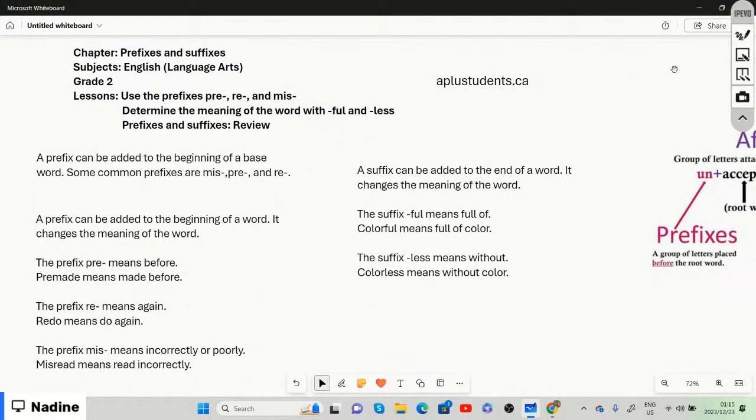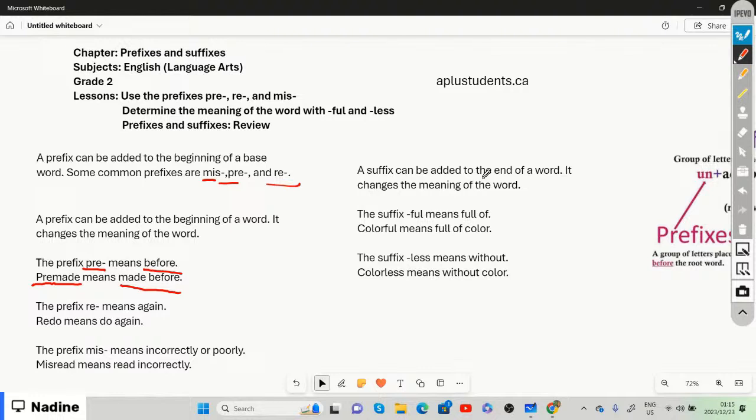Then we have re, and re means again, right?